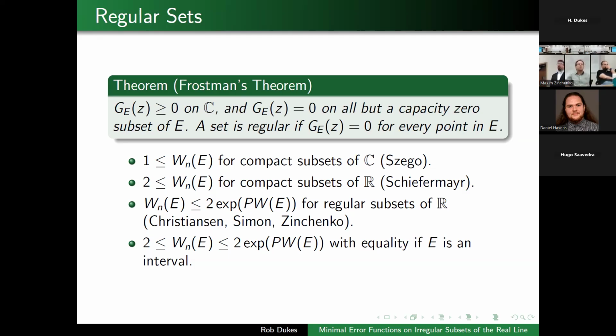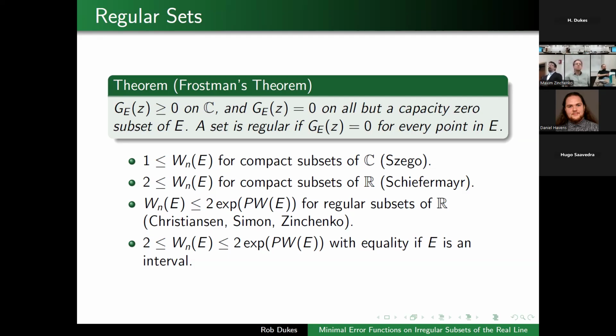So, what do we know? Well, we know that the Widom factors are always at least 1 for any compact subset of C. If we shrink down to subsets of R, we know that there are at least 2. If we then say, what if they're regular subsets of R?